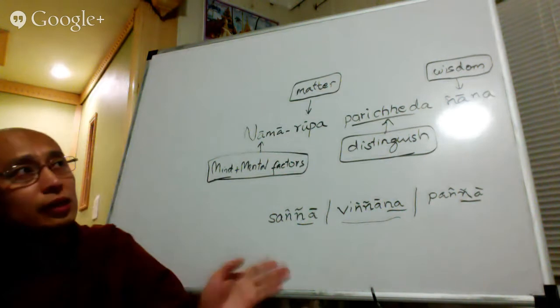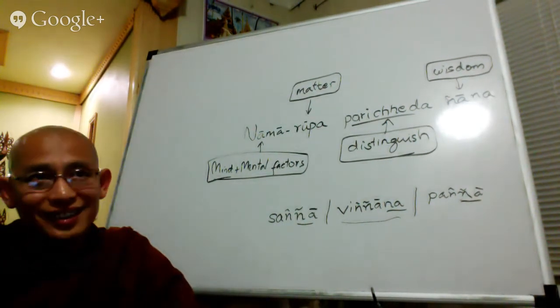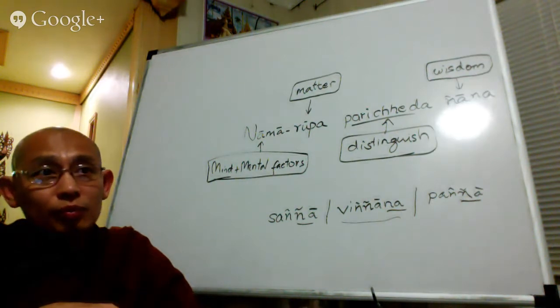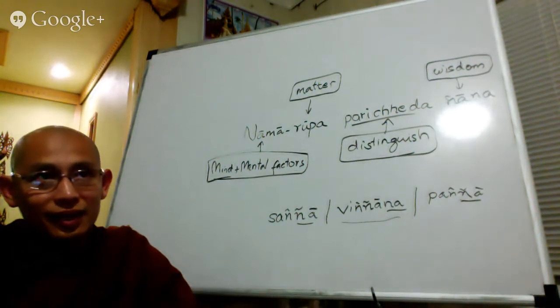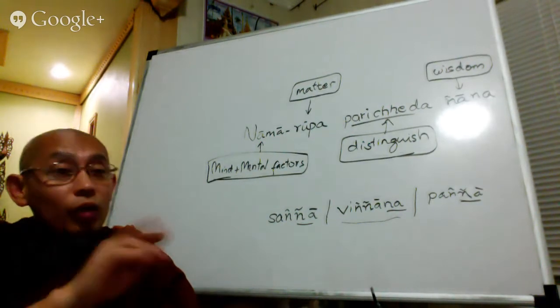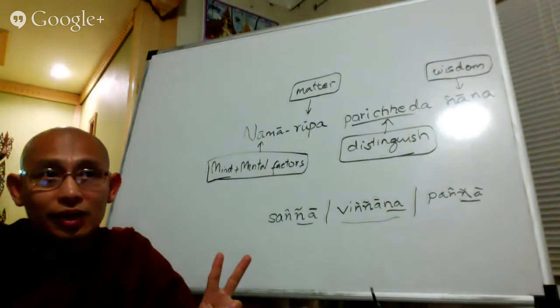But panya makes us penetrate into the characteristics of body and mind. What the characteristics are, I already explained: two kinds of characteristics, very important, common characteristics and individual characteristics.